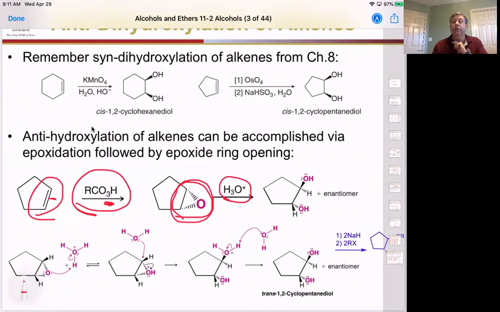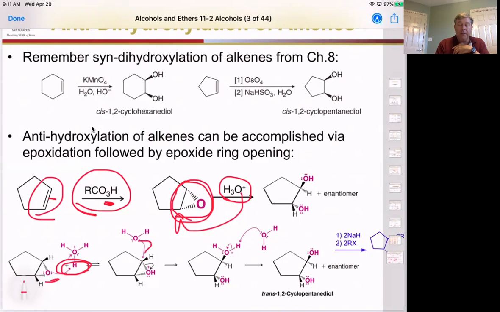protonated water to go ahead and act as a nucleophile and open the ring up, but it has to open it from the opposite side. So we end up with the trans diol compound. So the idea here is that the epoxide gets protonated by the hydronium cation portion here.